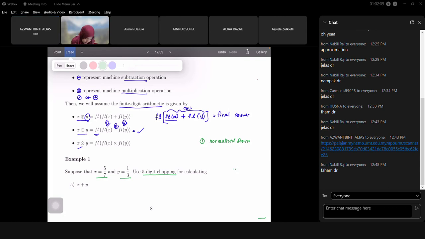X sama dengan 5/7. Kalau you kira kalkulator, you akan dapat 0.714285.